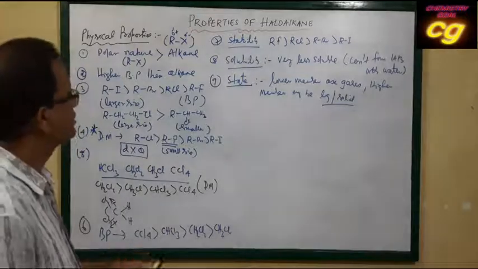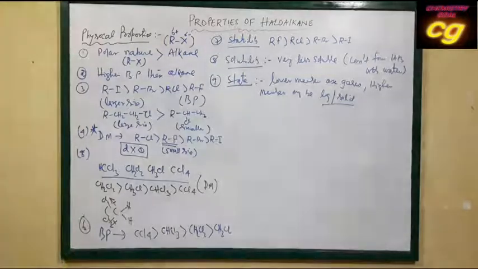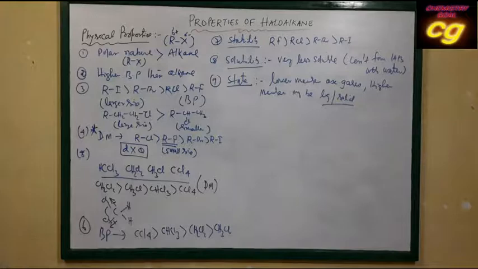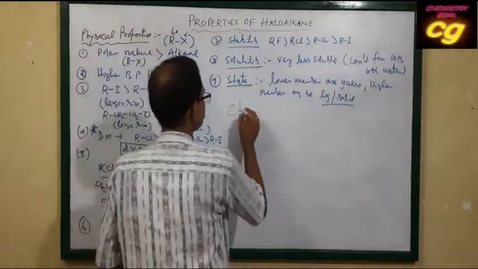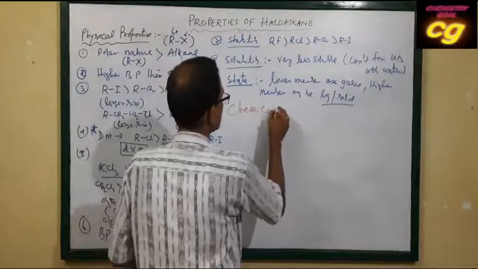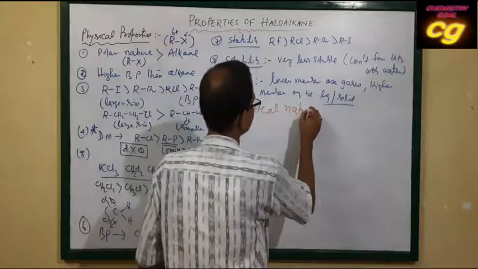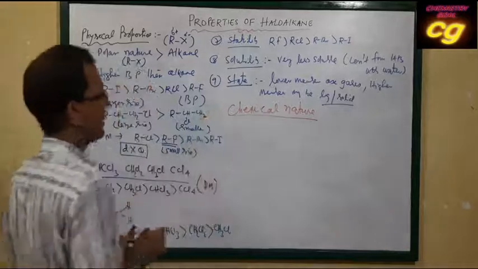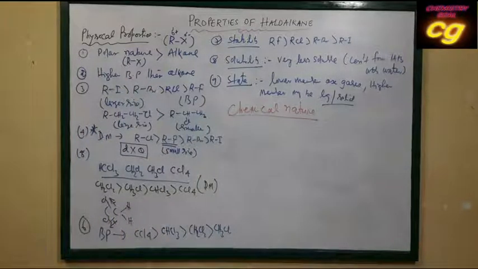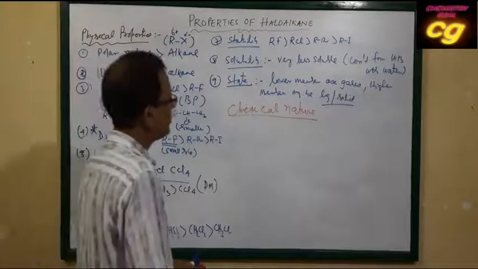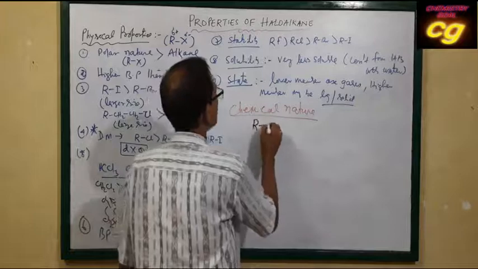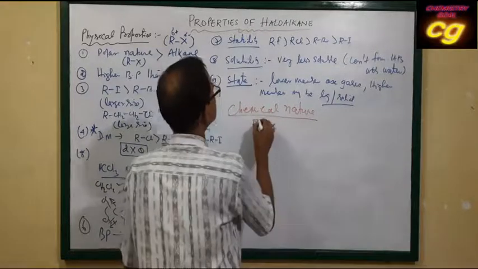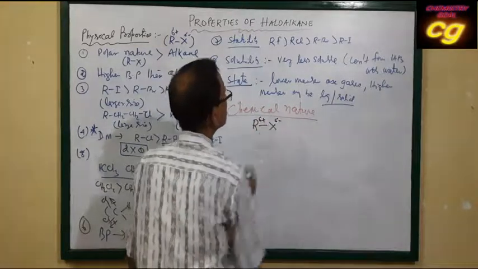Now let us discuss the chemical properties of haloalkane, the chemical nature. We know the haloalkane structure is RX. RX means partially positive, partially negative.